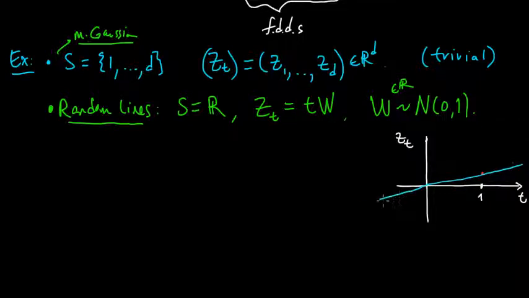And when t is 0, of course, Z_t will be 0. So it's just a straight line that goes through 0 at that point. If we sampled W again and we got a different value, maybe we got that, then Z_t, this collection of random variables, is going to look like this.